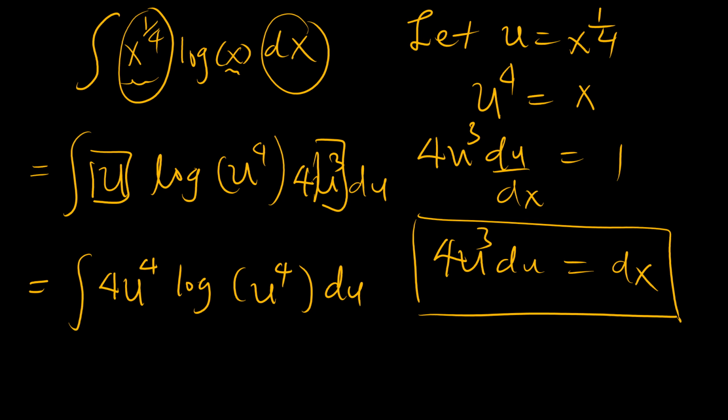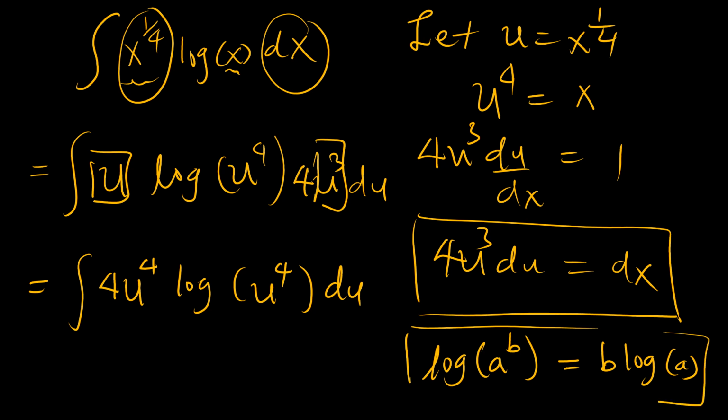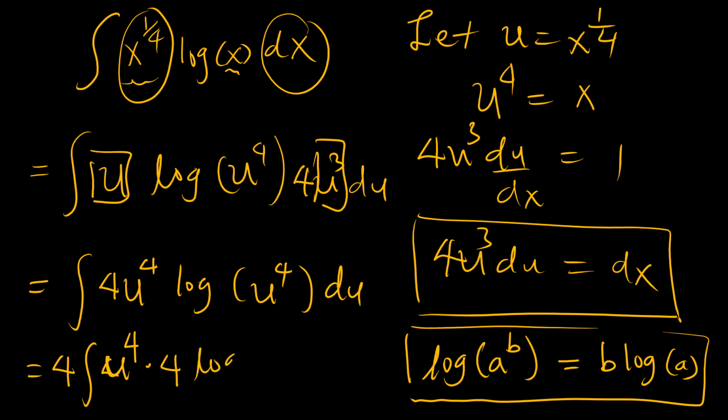An important thing in the rules of logarithm: if you have log of a to the power b, this is the same as b natural logarithm of a, right? So we're going to use that. Essentially we have, if we pull 4 out, u to the power 4, and then this other 4 comes out times 4 log u.